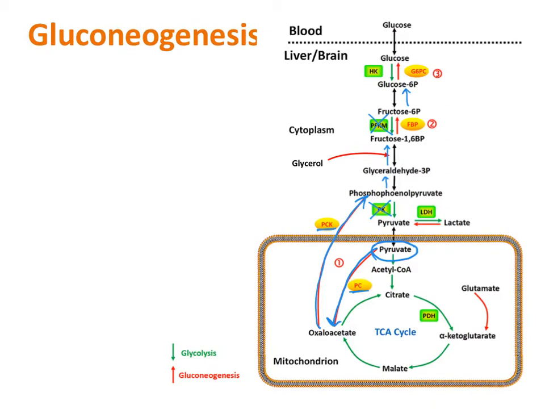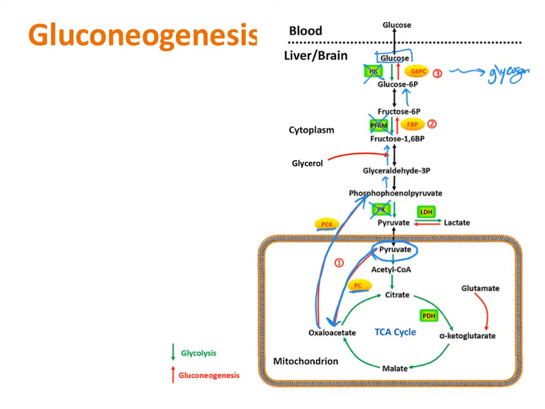Glucose 6-phosphate can go on to be a part of creating glycogen. But if we need to go back to pure glucose, we need to use glucose 6-phosphatase. Because again, in gluconeogenesis, hexokinase is not available to us.